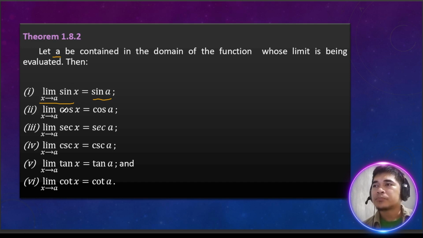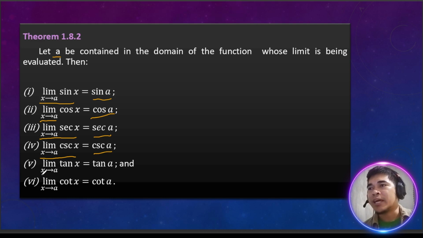Number 2, limit of cosine x as x approaches a equals cosine a. Then, limit of secant x as x approaches a equals secant a. Limit of cosecant x as x approaches a equals cosecant a.